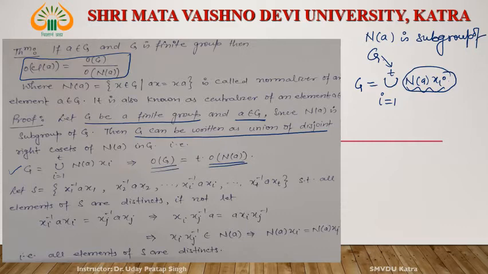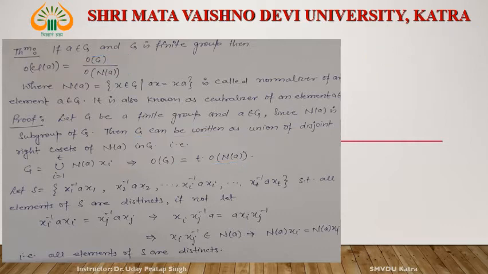Now let us suppose a set S containing this type of elements: x1 inverse a x1, x2 inverse a x2, up to xi inverse a xi, and xt inverse a xt.